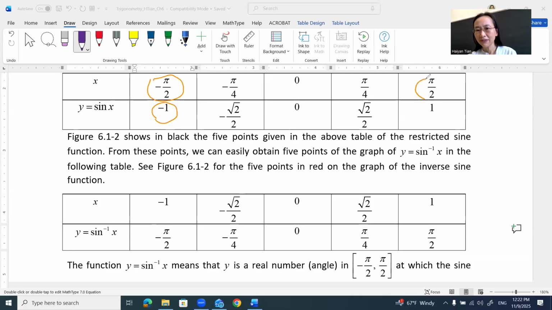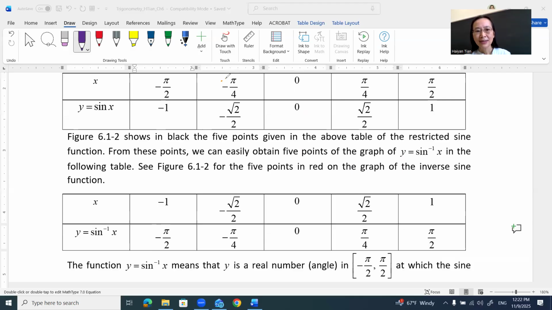At positive half of pi, the sine value is 1. The curve is increasing from -1 to +1. And when x is 0, the sine of 0 is 0. So we have another point.